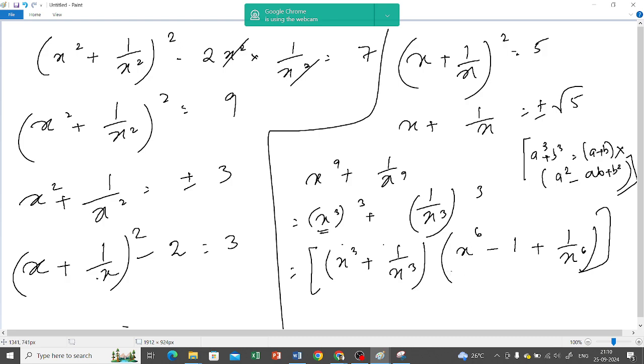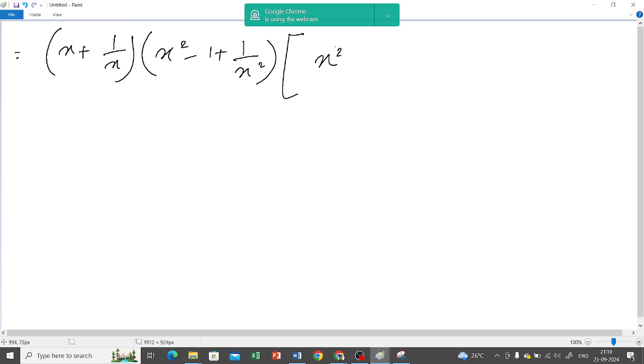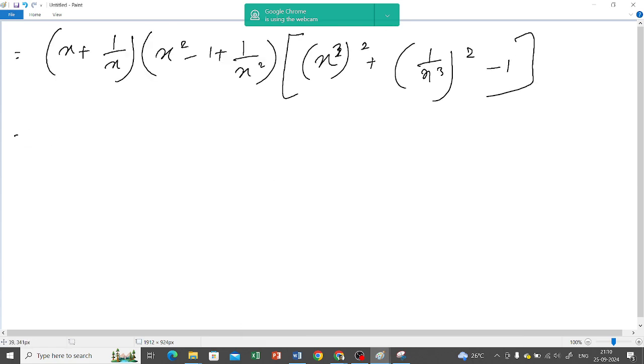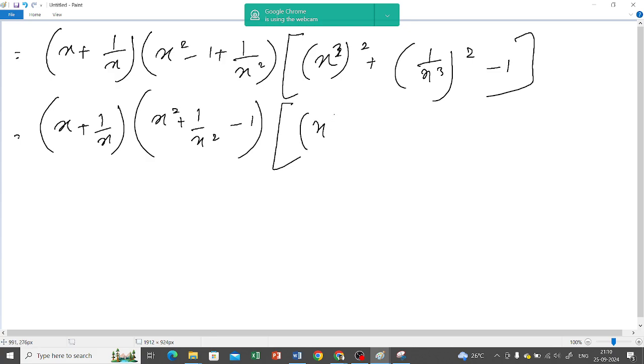Now how can I break this one? x to the power 6 plus 1 by x to the power 6. I can do this thing, right? Square plus, I can write it in this way, and minus 1 as it is. x square plus 1 by x square minus 1 is going to be a plus b whole square minus 2ab.